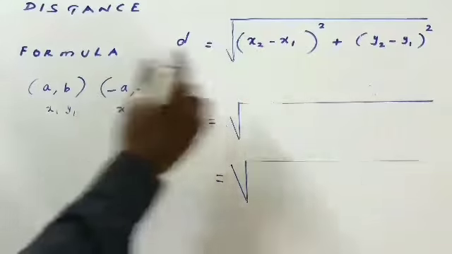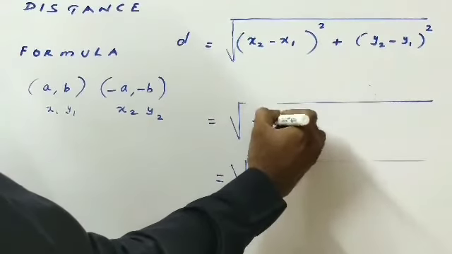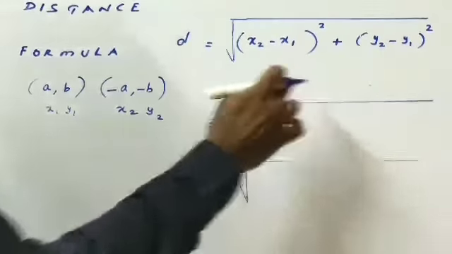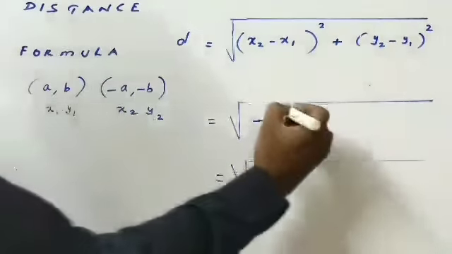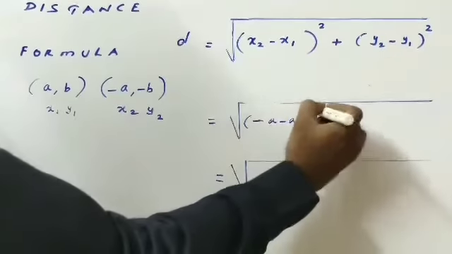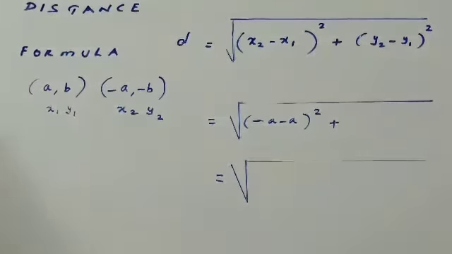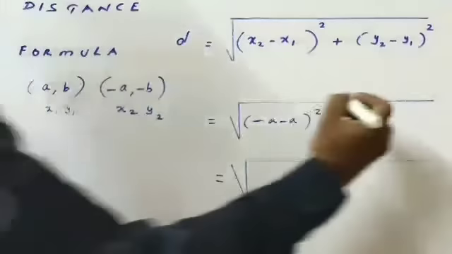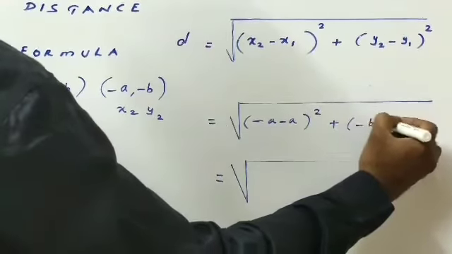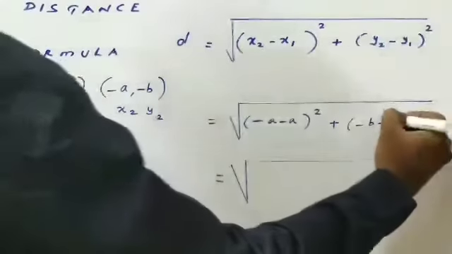For x2 we have minus a, then the minus symbol. For x1 we have a, write a the whole square. Plus, for y2 we have minus b, then the minus symbol. For y1 we have b.